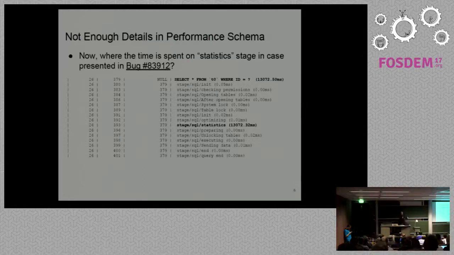Now let's get back to a real production issue. Some of you probably were present at the pre-FOSDEM day yesterday, and Sveta Smirnova told that one of the most strange stages of query execution is called statistics. So the query may spend a lot of time in the statistics stage, and you may not know why. I've got it in real life.